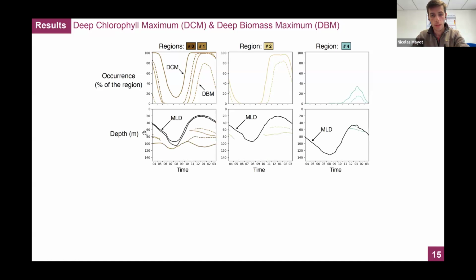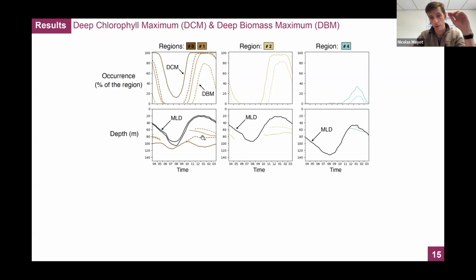And we can also look now at the vertical distribution of the DCM and the DBM, and relate them to the vertical variability of the mixed layer depth. And we can see that we have differences between the DBM and the DCM.